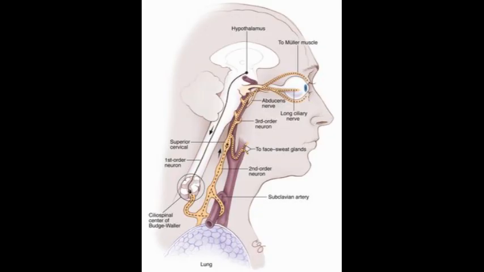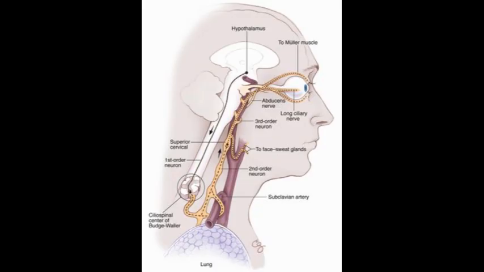When they exit the spinal cord, they travel near the apex of the lung, then climb right under the subclavian artery and ascend to the neck. They synapse at the superior cervical ganglion near the bifurcation of the common carotid artery, at the level of the angle of the mandible.